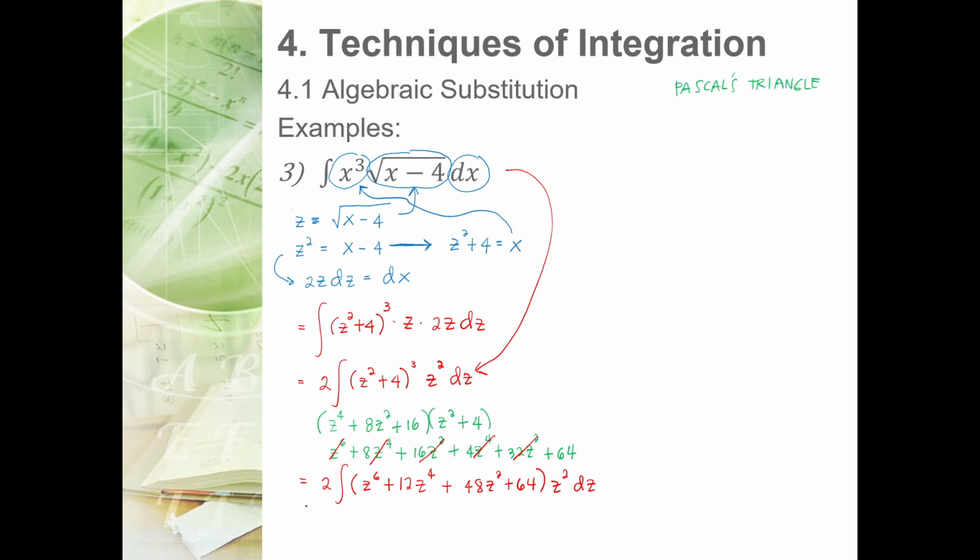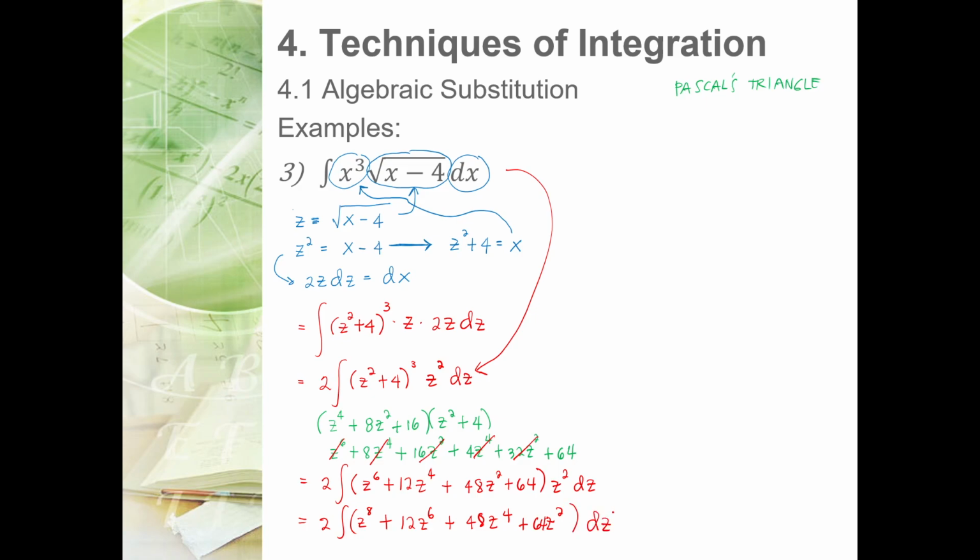Okay, so next we distribute z squared inside the equation. So this becomes z to the power of 8 plus 12z to the 6th plus 48z to the 4th plus 64z squared dz.